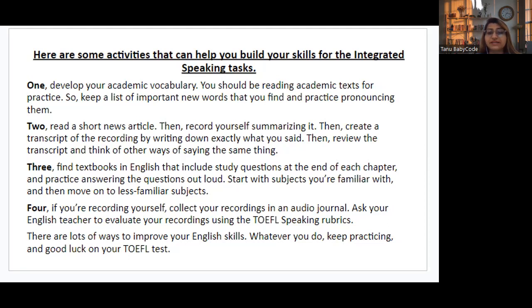Third is find textbooks in English that include study questions at the end of each chapter. Practice answering questions aloud. Start with subjects you're familiar with and move on to less familiar questions. Fourth is, if you're recording yourself, collect your recordings in an audio journal.